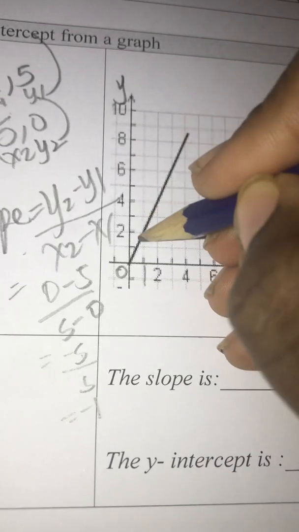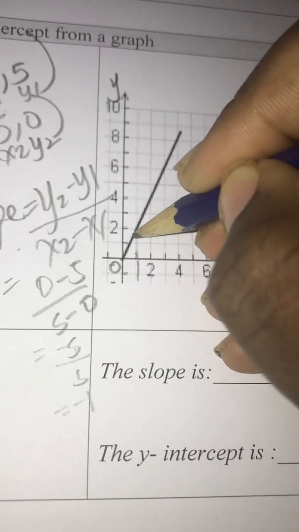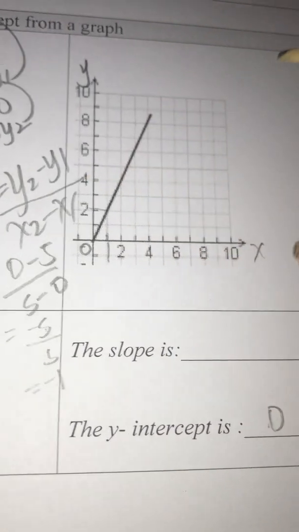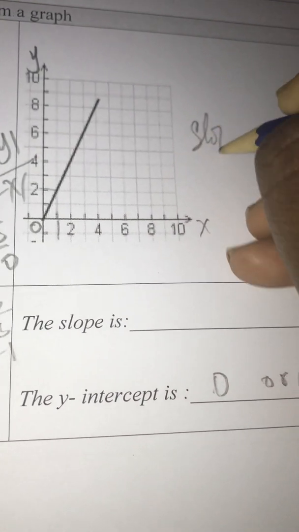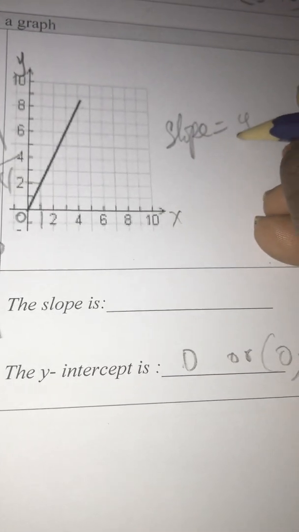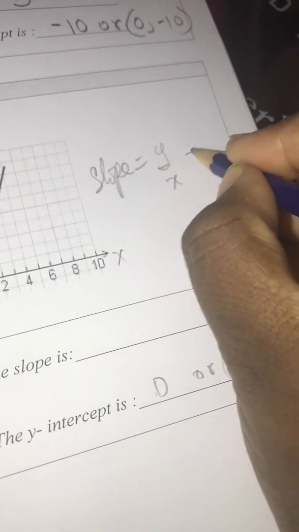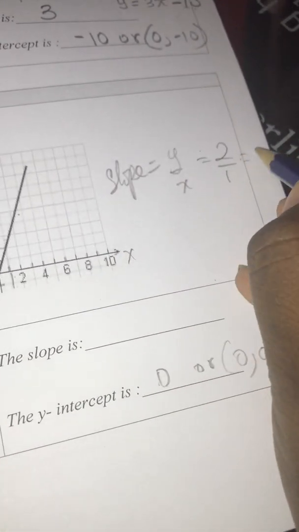Always look for the 1 and go there. If you don't see the 1, choose any, 2 and 4. So you will do slope equals y over x because it is direct variation. So look, my y is 2, my x is 1. When x is 1, y is 2. So my slope is positive 2.